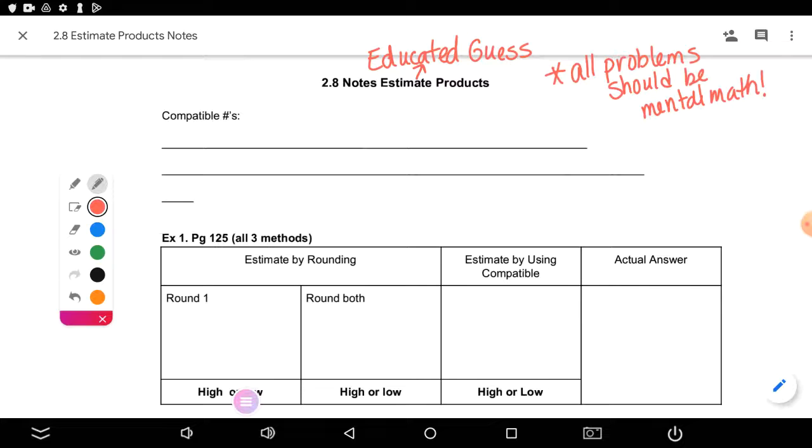The vocab word that they want us to know is compatible numbers. What does it mean if two things are compatible, do you think? Dylan? They go together? Yeah, they work well together, okay? So we're going to write numbers that work well together.